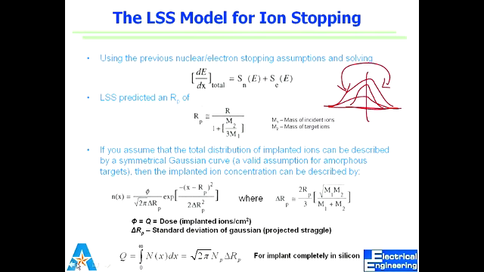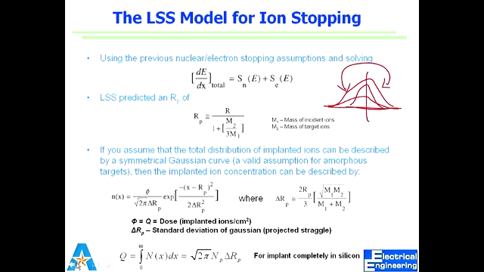Q or phi is the same dose. So for an infinite system, this would be the relation. Just count how many of those ions are there, right? So that is your total dose. But for an implanted dose within silicon, that reduces to this.